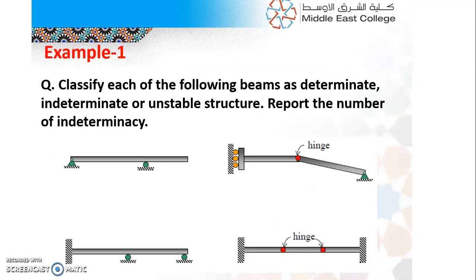If you see the example, it asks us to classify each of the following beams as determinate, indeterminate or unstable structures. So for the given 4 beams, we need to calculate whether each is a determinate or indeterminate structure.